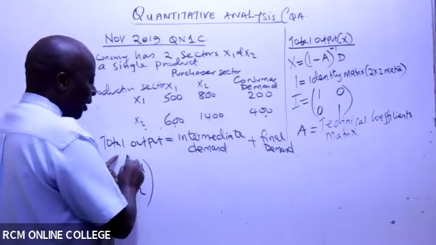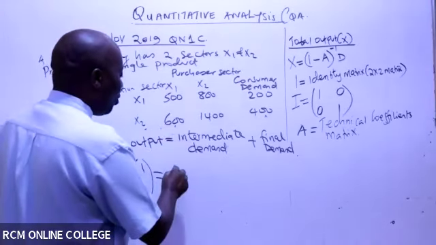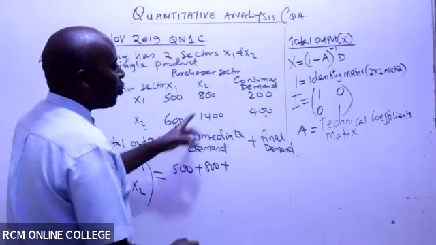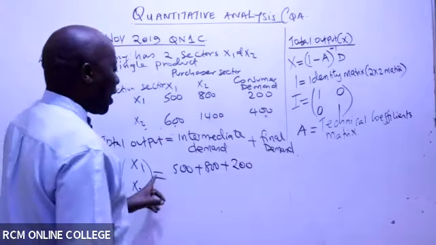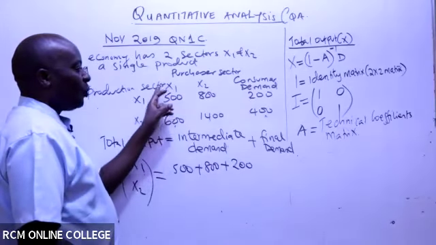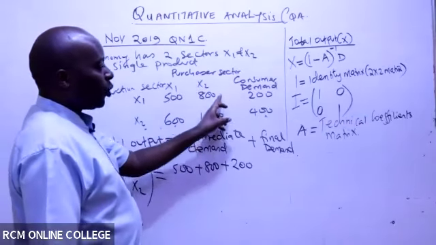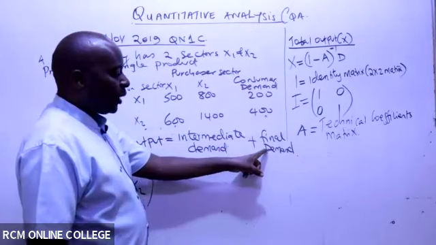I need to take this intermediate demand of 500 plus 800, plus the final demand of 200. For X1, I'm taking what X1 will consume itself, what goes to the other sector, 800, and what will go to the consumers, the final demand.